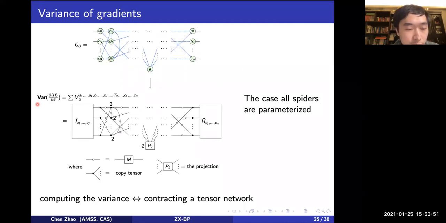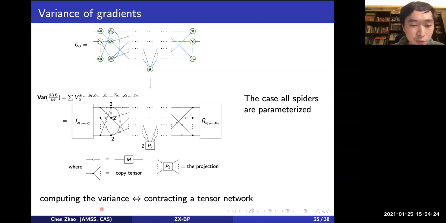Then the variance of the gradient can be represented as this tensor network. Here the black circles are the copy tensors, and the white circles are the matrix M. And the projection identifies the parameter of the partial derivative we take.